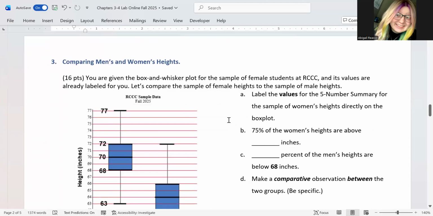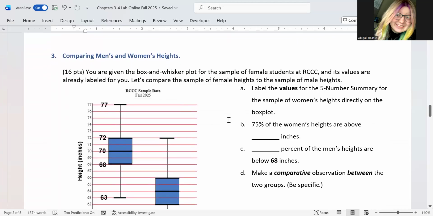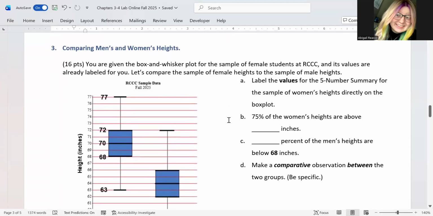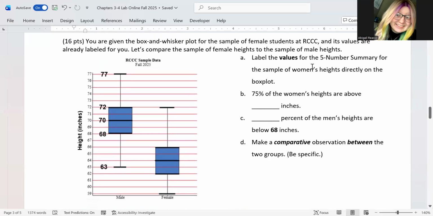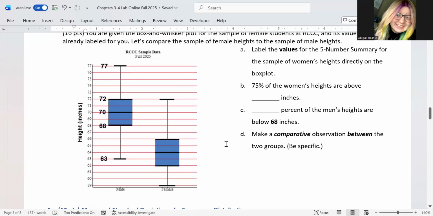Then we have our visual data here also for our box and whisker plot. Box and whisker plots were another way we can see the spread of our data when we're talking about position as opposed to distinct values, right? So our first thing we want to do here is label our values for our 5-number summary.